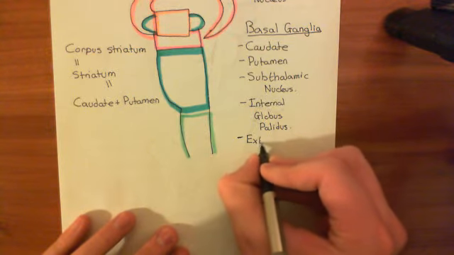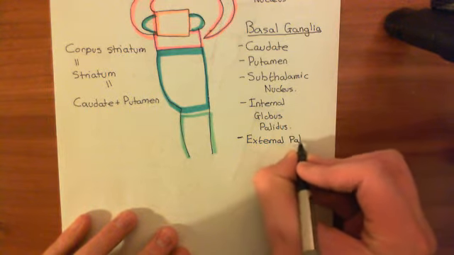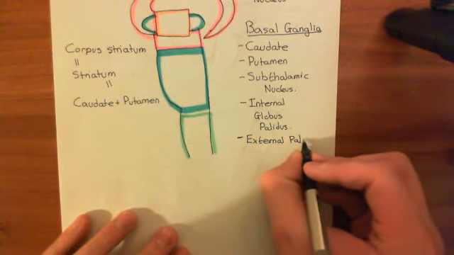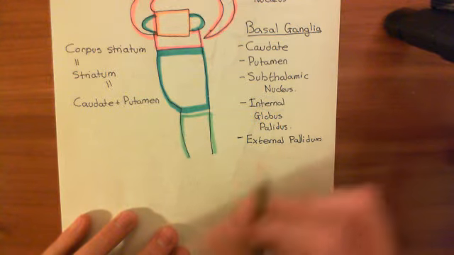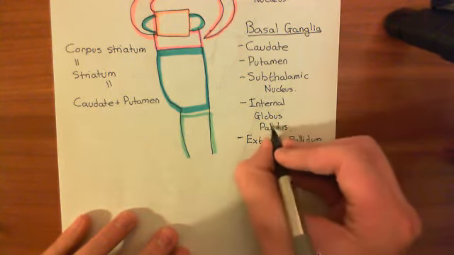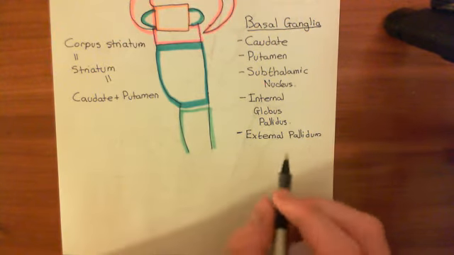So this one, then the external pallidum, and I'm starting to think that maybe this might be a double L here. I think it is actually, I don't think that looks right. Pallidum maybe is better. Pallidus. Yeah, I think it is double L. I'll check that before I make the next video.